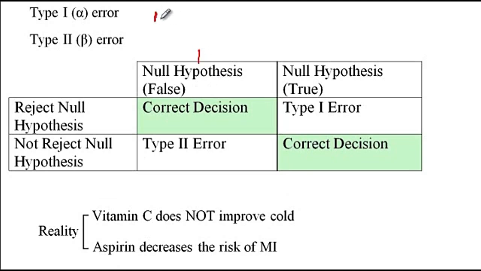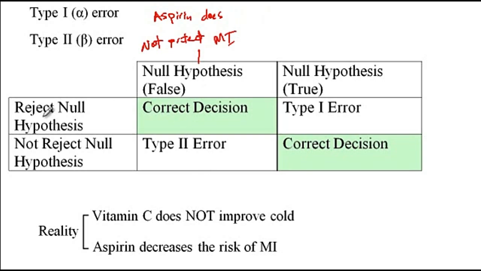So aspirin does not protect against MI. And this is actually a false null hypothesis, because in reality aspirin does decrease the risk of myocardial infarction.